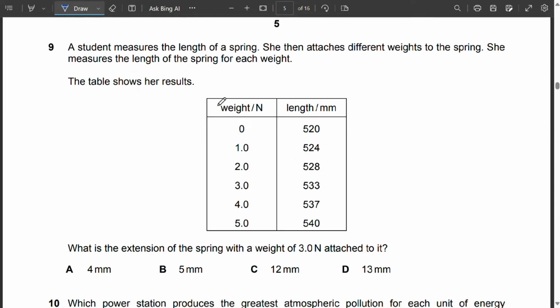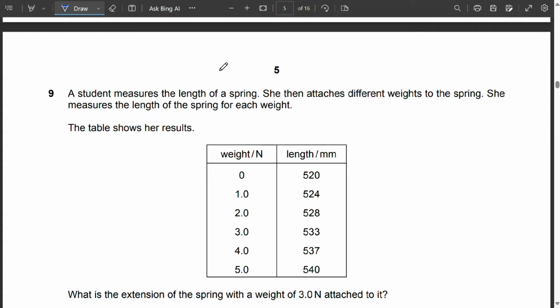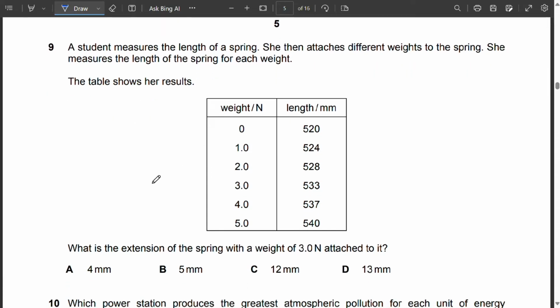Okay, ninth one. A student measures the length of a spring. She then attaches different weights to the spring and measures the length of the spring for each weight. The table shows our result. Now see, weight 0 means 520 mm, that means it's the natural length of the spring.